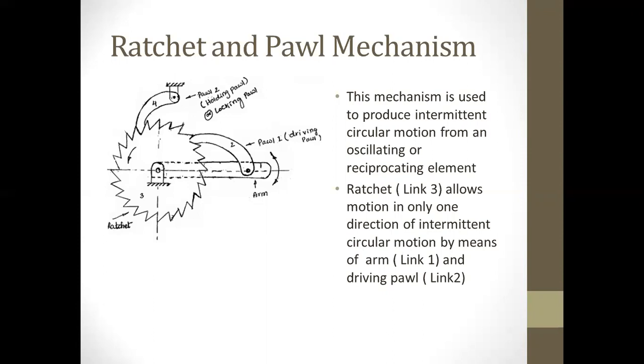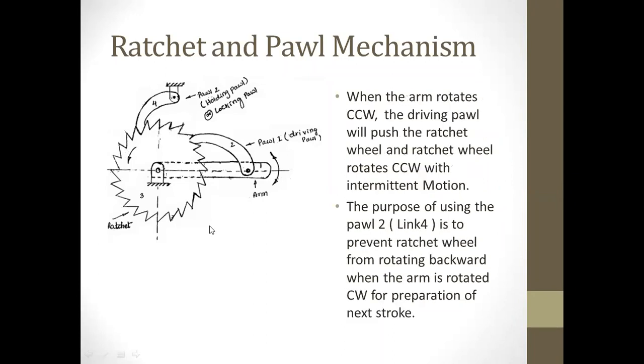So here, the driving pawl. There are 2 pawls here. One is the driving pawl. When you reciprocate the arm, this pawl engages with this particular slot of the ratchet wheel and it will try to rotate. For every reciprocation, there will be movement of this wheel.